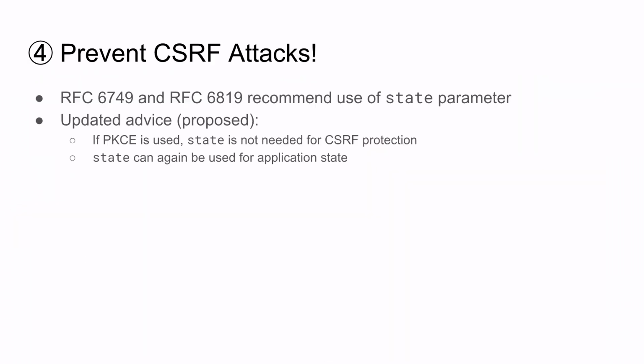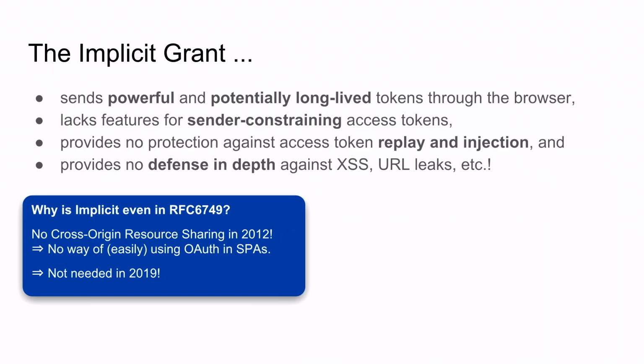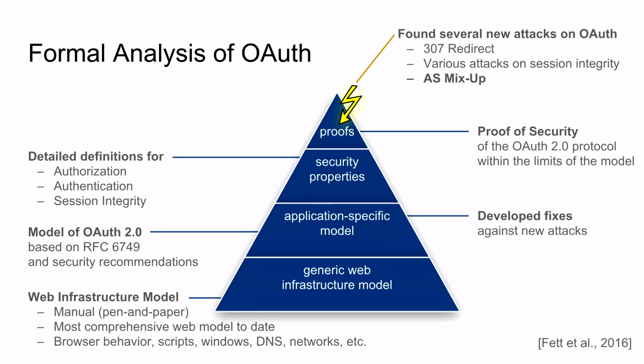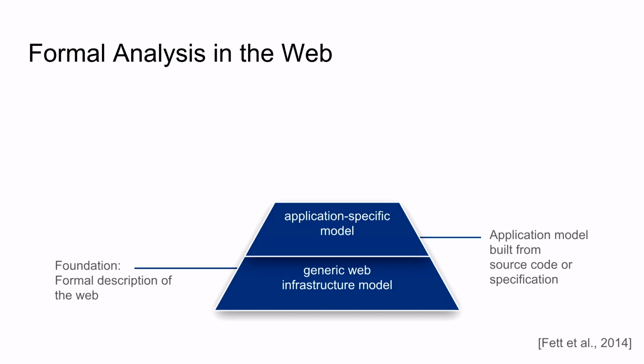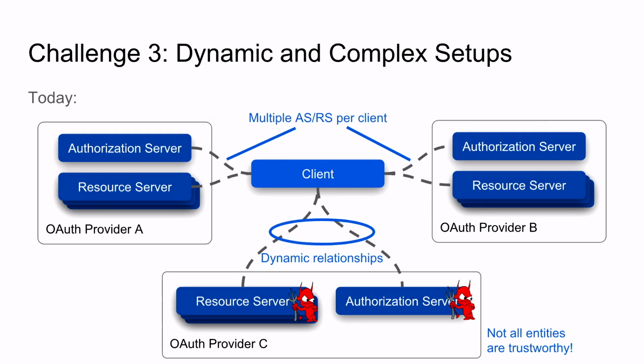So in high-stakes environments, we don't have a problem per se, but we have a new situation where, for example, we have to assume that some resource servers might become compromised. So this might be a bank, but this resource server might be one branch of the bank or something like that. So it might be loosely coupled to the bank. But still, if that resource server is compromised, it should not be able to use the same access token at a different resource server at the same bank.